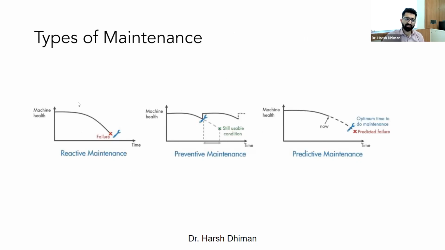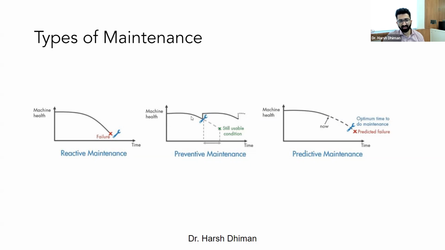As an alternative to this time-based maintenance, we have preventive maintenance. So what you do is you take a prevention. You measure the condition of your machine in terms of some quantifiable parameter, whether your machine is healthy or not, and then you take out your machine for repair. And then based on your action, the machine health improves.